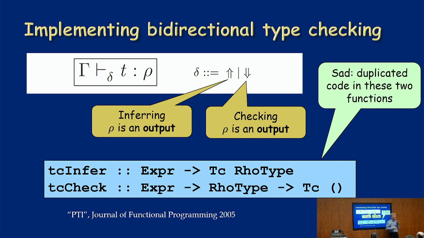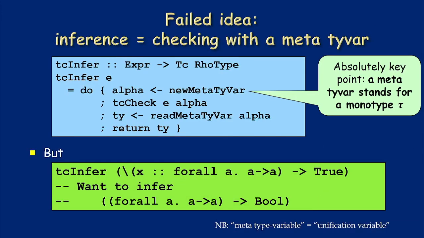So a standard enough idea is to say, well, maybe we could save a lot of work when we are inferring. Maybe instead we could just make up a fresh type variable, a unification variable, and check that the term has that type. Let me just say it once again to make sure you got it. When we want to infer the type of an expression, maybe we could cons up a fresh unification variable and check that the term has that type.